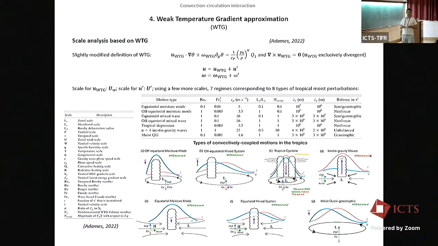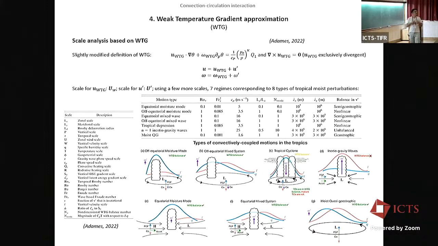The last thing that's interesting with WTG is that you can modify the theory quite a bit, and it provides scalings. So this is a work by Angel Adames from 2022, and you can go to the paper if you're interested in the details because it's not completely trivial. The idea is that you can define horizontal and vertical motions that compensate the diabatic heating completely.